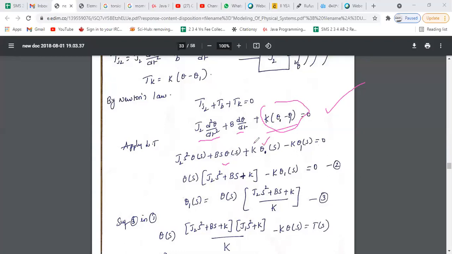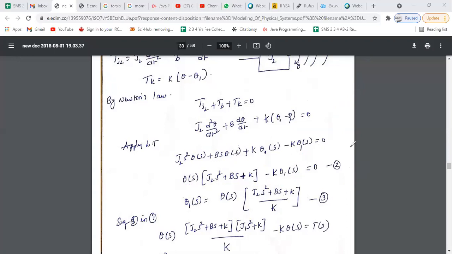Take theta of s common from these three terms, which becomes this term and minus k theta 1 of s. From this, what is theta 1 of s? Take this term to the right hand side, and calculate theta 1 of s, which is theta of s into this term by k, which is equation 3.